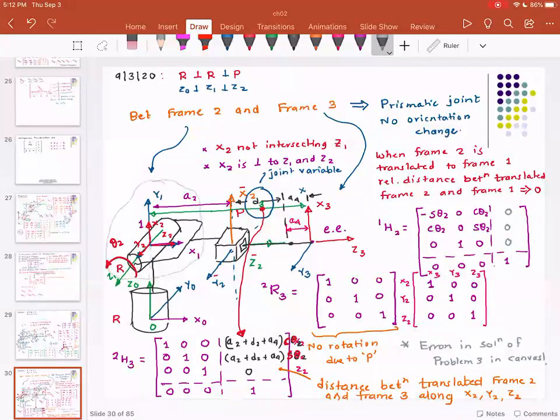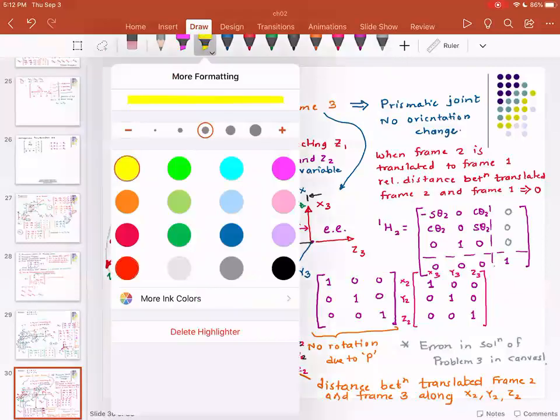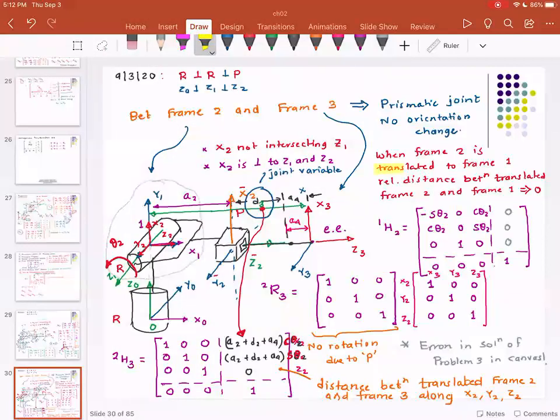The reason is that the frame is translated to frame 1, and the relative distance between the translated frame 2 and frame 1 is 0. Everyone understands? Yeah.